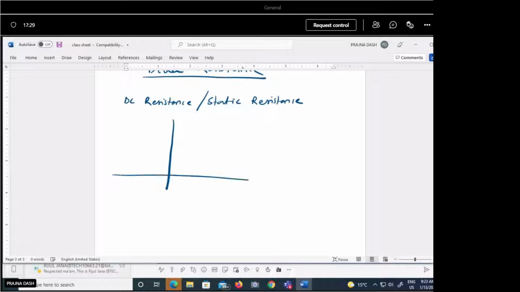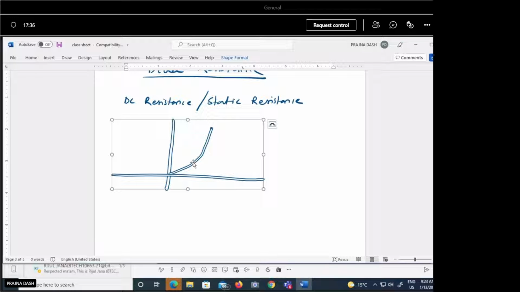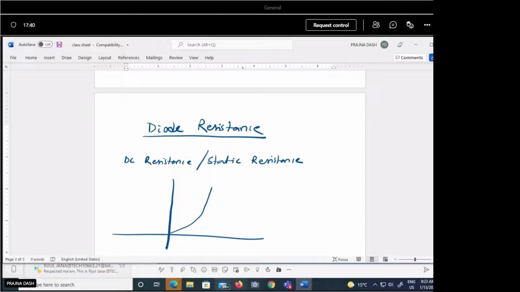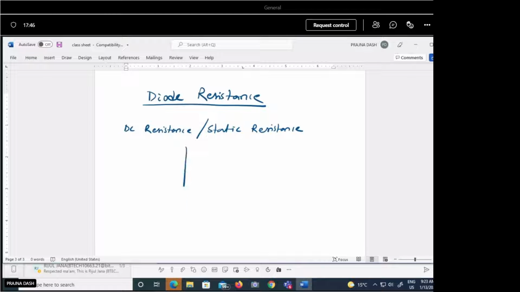When we consider the VI characteristics, it is not exactly this much. This type of graph we are having.